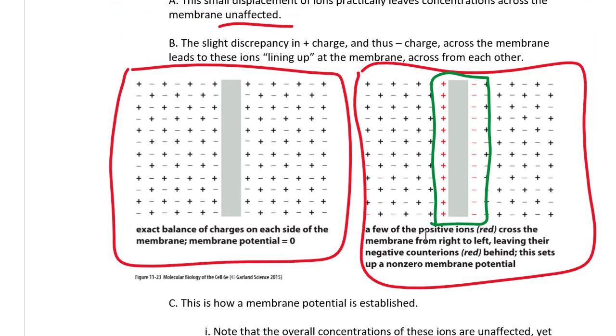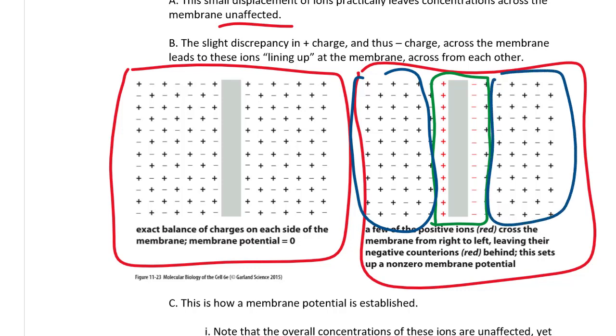When we're looking at the picture with the green box around it, local concentrations of positive charge have increased on the left-hand side, while local concentration of negative charge has increased on the right-hand side of the membrane. Whereas overall, elsewhere, like here and here, not much has changed, right? So it's just a small change in local concentrations of positive and negative charge across the membrane.